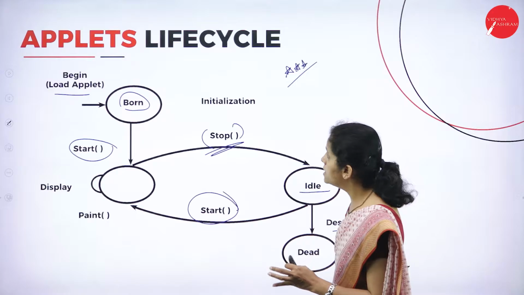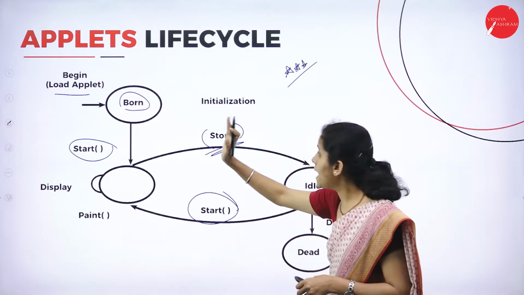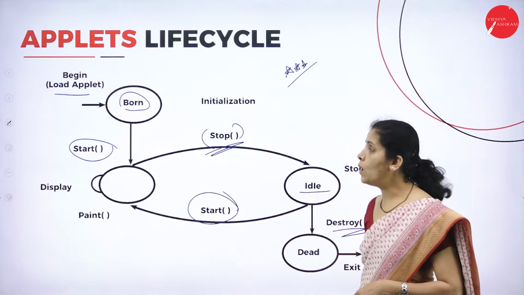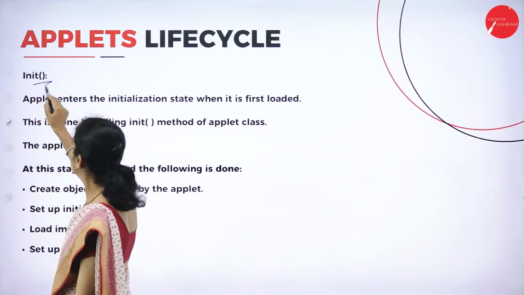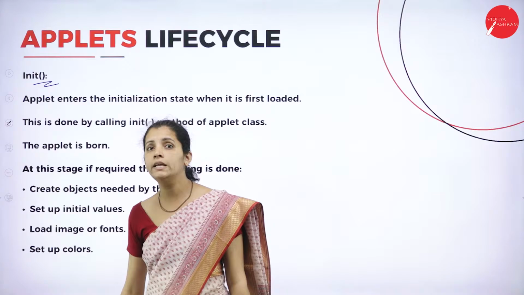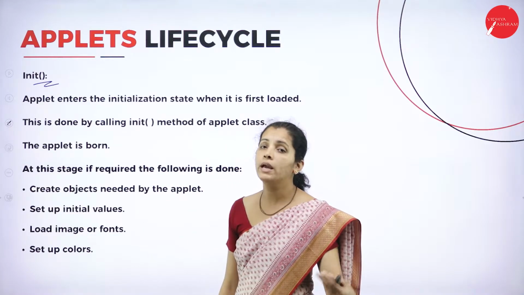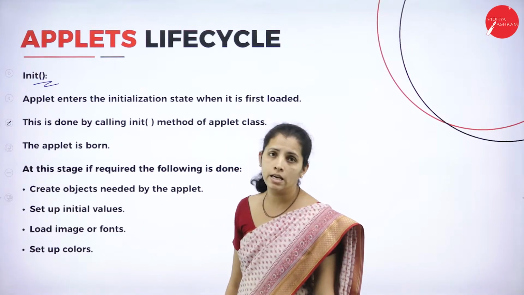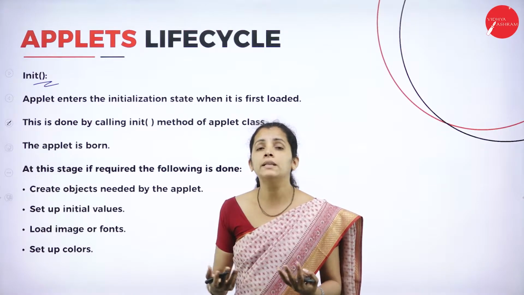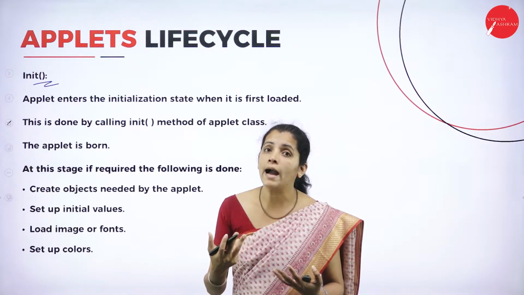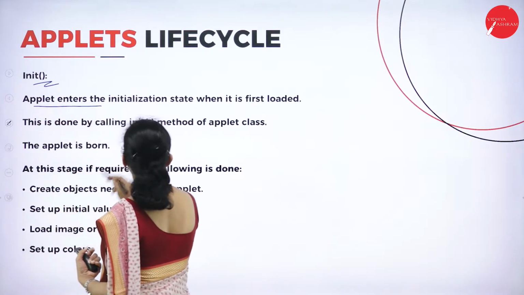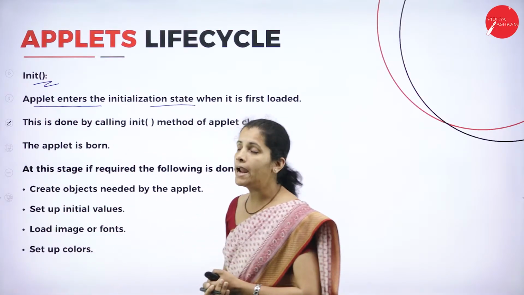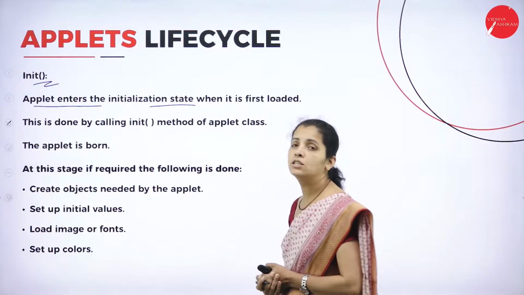Now let's see all the states of an applet one by one. So at the beginning, I'm going to have the init method. What is the need of the init method and where am I going to call it? It is nothing but the initialization of an applet. So here the applet enters the initialization state when it is first loaded.